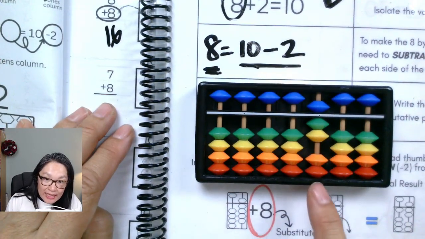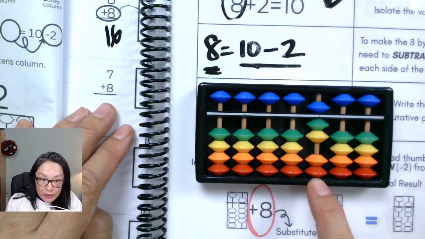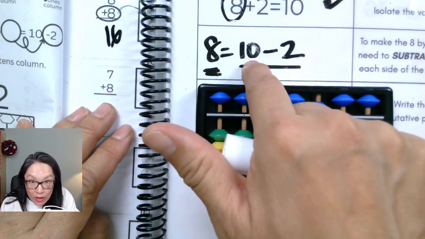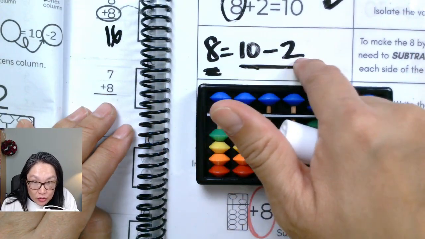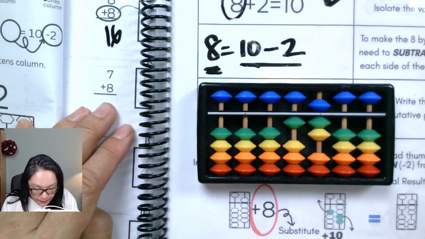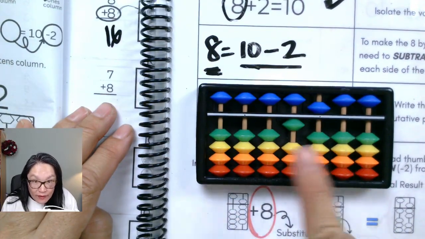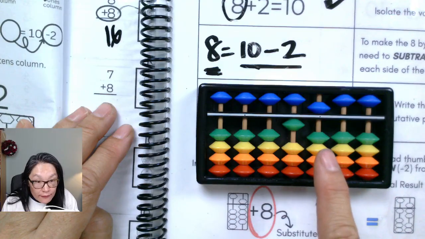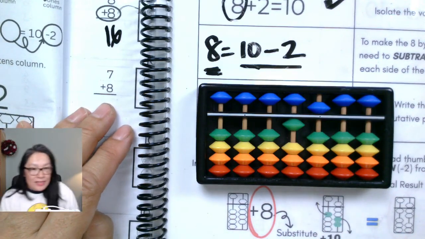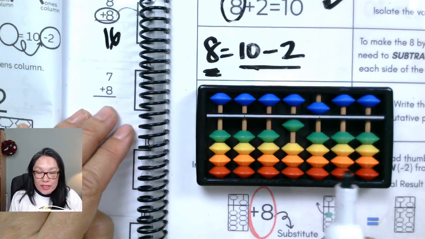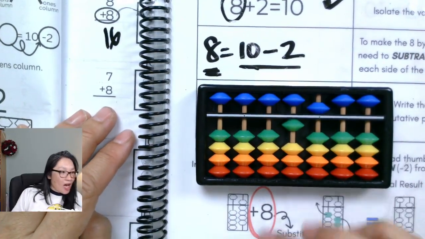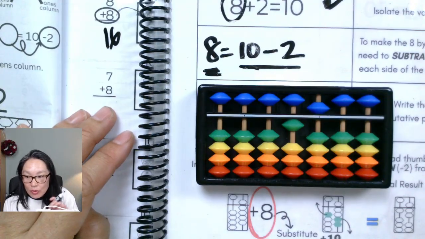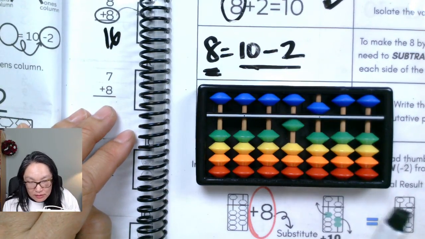Can I add the 8? No, we can't. So what do we need to do? We need to add the 10 minus the 2. So we're going to plus the 10 and we take away the 2. So my final answer is 15. Does that make sense?